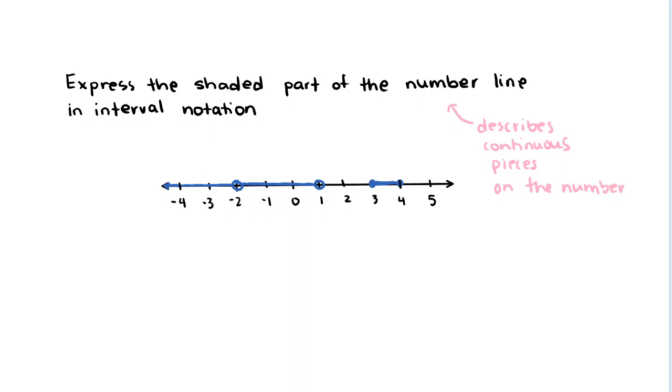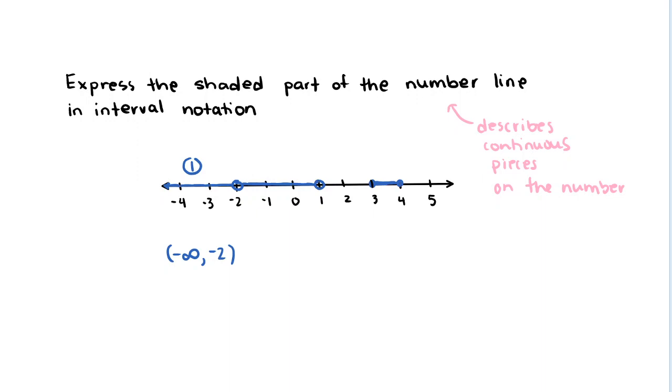And we'll join these continuous pieces with our union symbol. So the first continuous chunk is this chunk here. And this chunk can be expressed as the interval from negative infinity, right? It's unbounded on the left, from negative infinity to -2. And we're not including -2 itself.